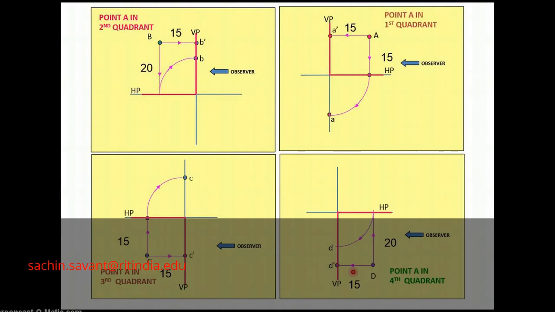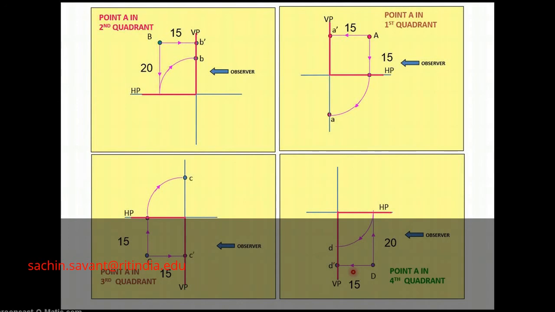Then this is the top view direction, so point D is rotated in clockwise direction along the horizontal reference plane. As we know, the horizontal reference plane is not visible, the top view is not visible from the blue arrow direction. To make it visible, the horizontal reference plane along with the point D is rotated in clockwise direction, so point D and D dash lie below the reference line.